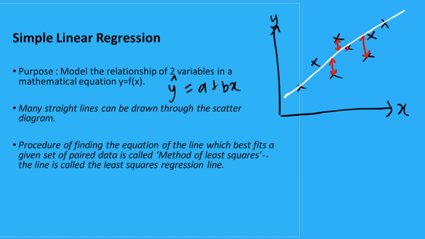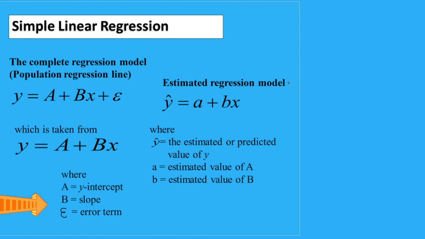And this is the method of least squares to minimize that distance. And again, our estimated regression model would be y hat equals a plus bx.